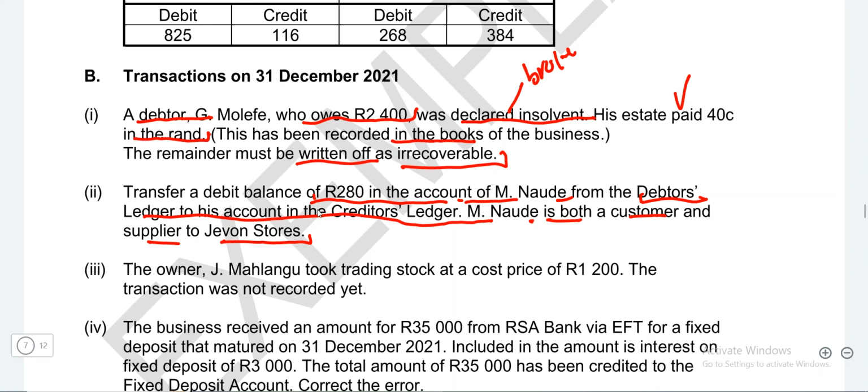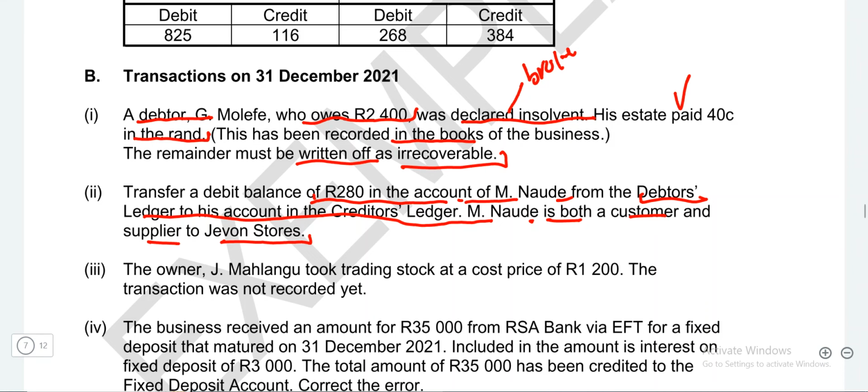In other words, N Naude's account in the debtors control has got a debit balance. So we know that when we do a transfer, if the balance is on the debit side, if we are trying to take out this person, we need to credit that particular account where there is a debit balance. So in this case, N Naude's account from the debtors control must be credited.